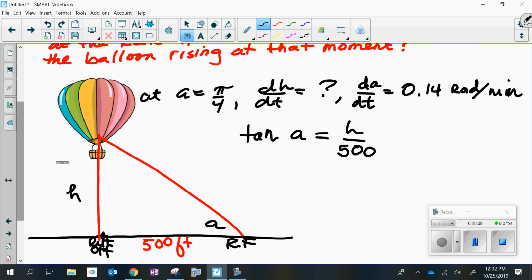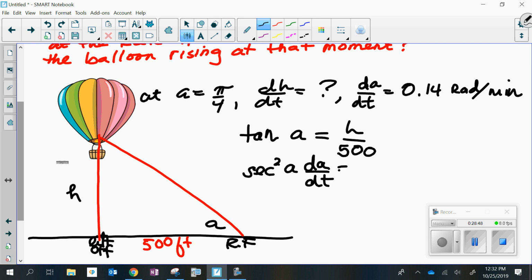Remember, with respect to time. So you have a tangent. What is the derivative of tangent? Secant squared, times dA/dt.